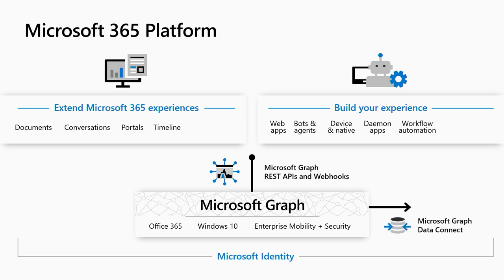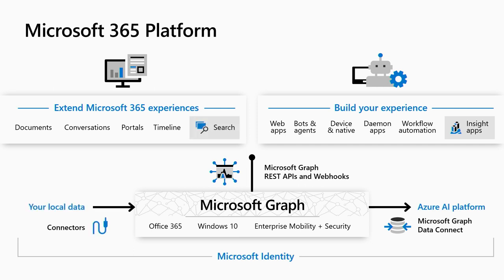And with our announcement at Build of Microsoft Graph Data Connect going GA, there's a whole new range of insight applications to give insights into your data that is stored in the Microsoft Graph. And there's more. Coming soon, we will have graph connectors, which will allow you to bring your data into the Microsoft Graph and be able to search on that data alongside all the other data that is already there.